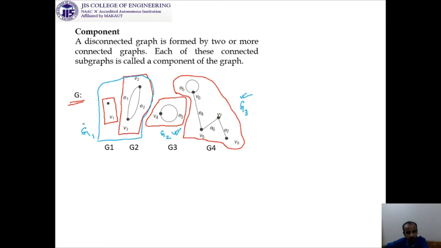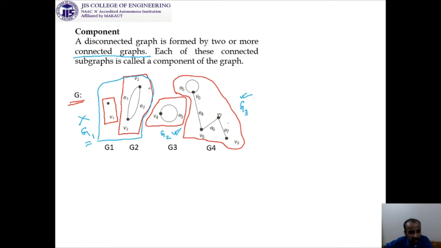Is G1 a component of G? Answer is no. Why? Because look at the definition. A disconnected graph is formed by two or more connected graphs. Each of these connected subgraphs is called a component of the graph. This one is connected, this one is connected, but if you consider this one as a segment named G1, this one is disconnected.